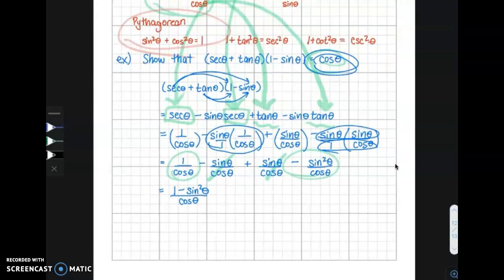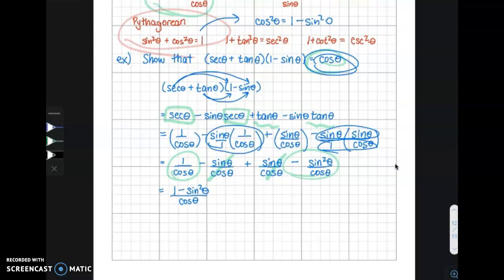You can reorder it in whichever order benefits the problem. So for example, I want 1 minus sine squared in my problem. If I subtract sine squared on both sides, this property would say cosine squared equals 1 minus sine squared.